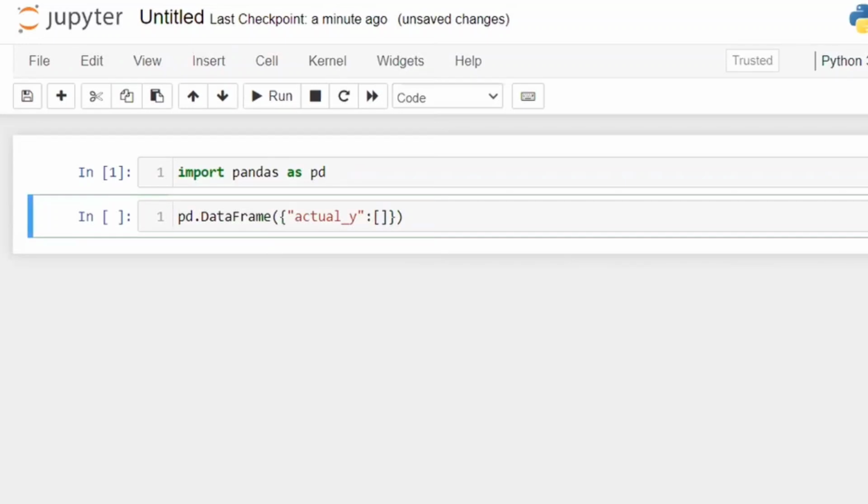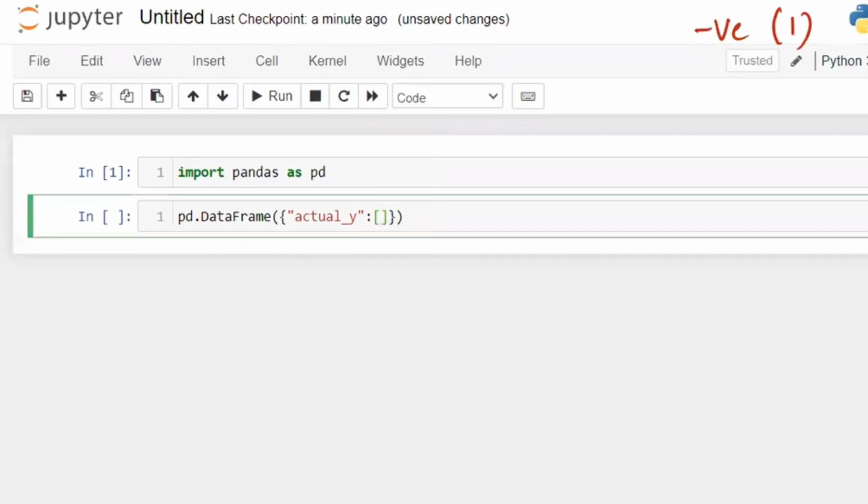Wherever the word positive is there, convert it to 0 because the machine will not fit with the words. So we are going to do the encoding. If you do the encoding, automatically alphabetical order is taken, so positive will be considered as 0 and negative will be considered as 1.